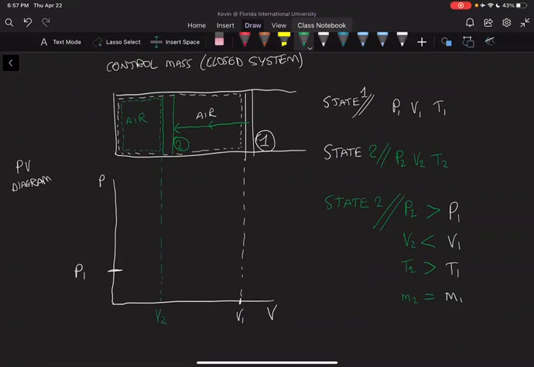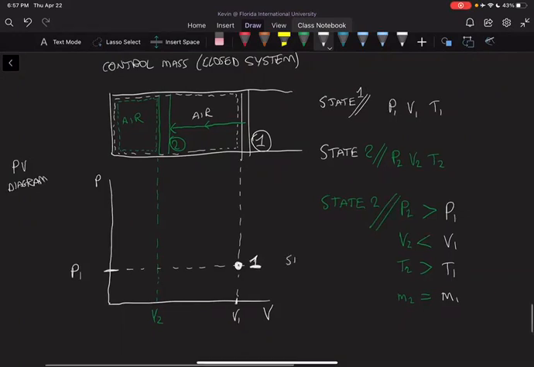And now we have pressure 1 and V1, and we can intersect them together. So they intersect at this point. So this is our original operating point. This is point 1 on a PV diagram. Okay, the pressure and the volume are defined by point 1. This is essentially state 1.